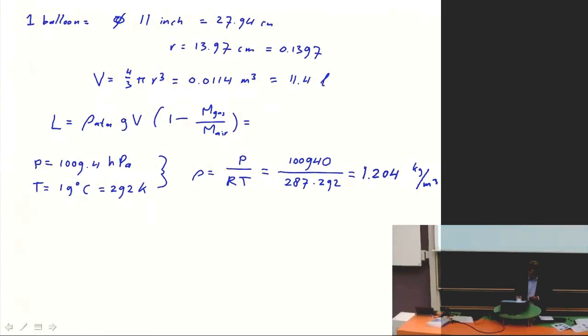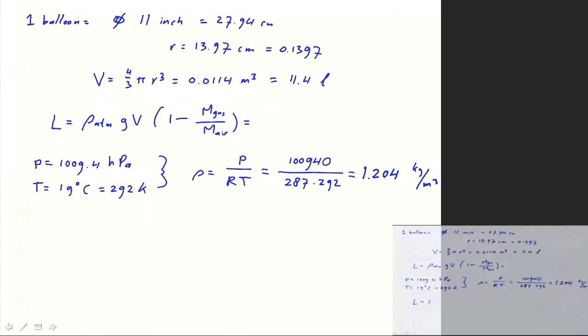So let's see how far we get. The lift of one balloon is 1.204 times 9.81 times the volume, 0.0114. So then times 1 minus 4 divided by 28.97.